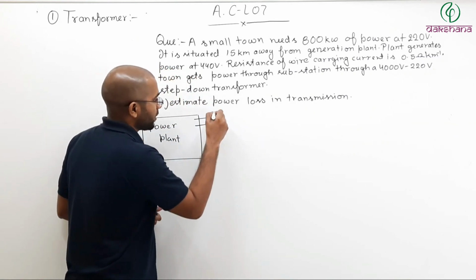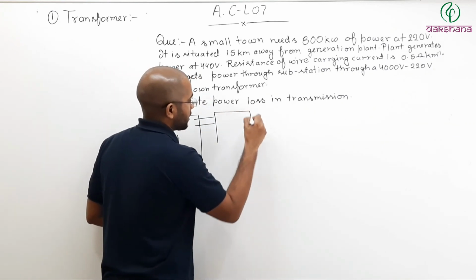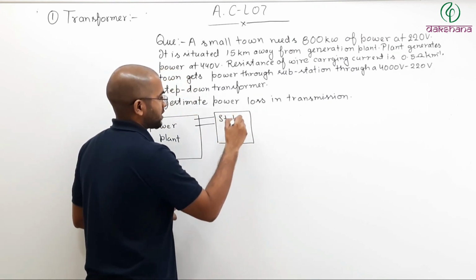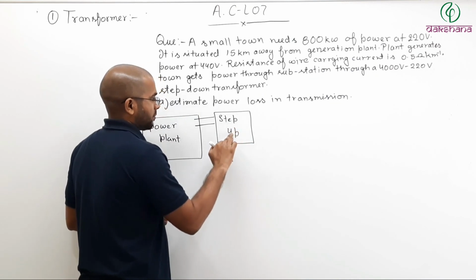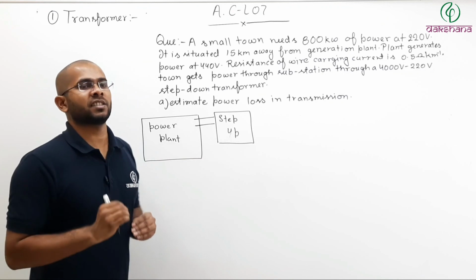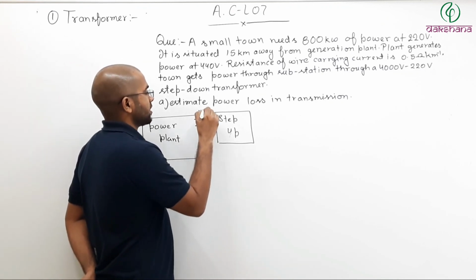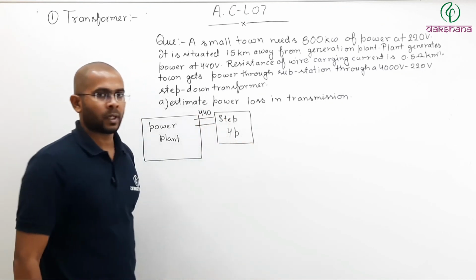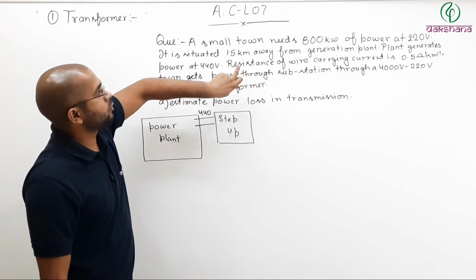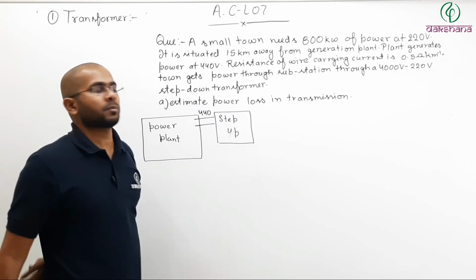So before the power is transmitted, what happens? There is a step up transformer, meaning the electricity voltage is stepped up, it is increased. Up to how much increased, we don't know here. Now it is given that the town is situated 15 km from the generation plant.